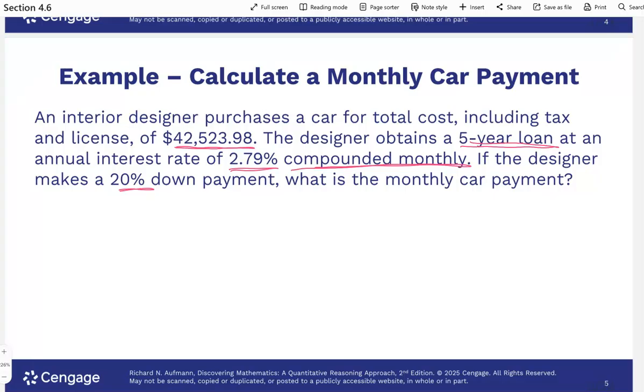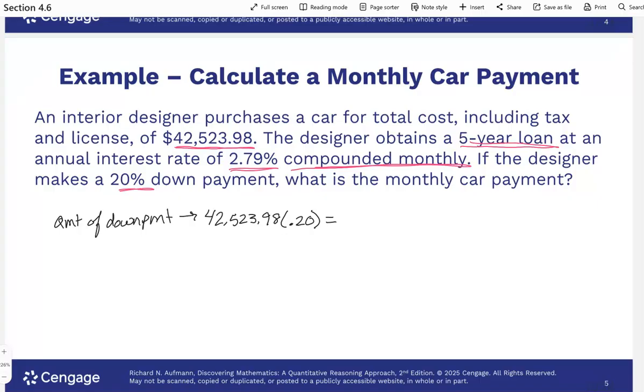So let's figure out the amount of down payment. I'm going to abbreviate down payment there. We want to know what is 20% of the 42,523.98. We're going to multiply that by 20%. That's how much they're making as a down payment.